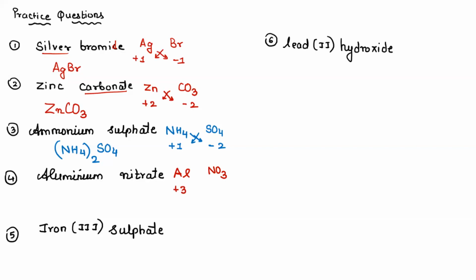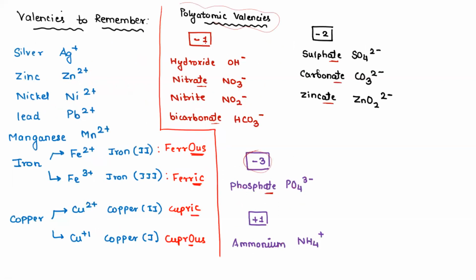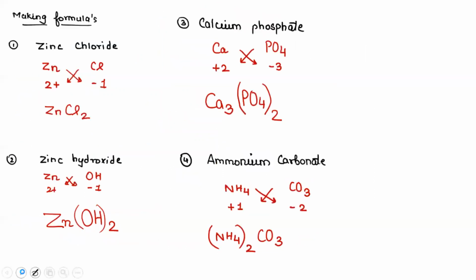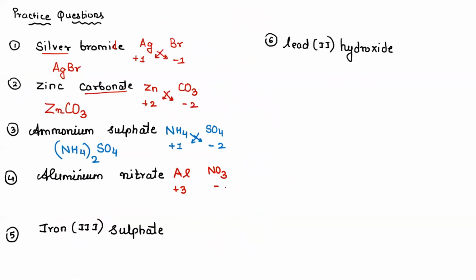Advait, what is nitrate valency? Ma'am, 3. No, where is that NO3? It is in which valency? -1. So NO3 is the symbol and -1 is the valency. Remember that.